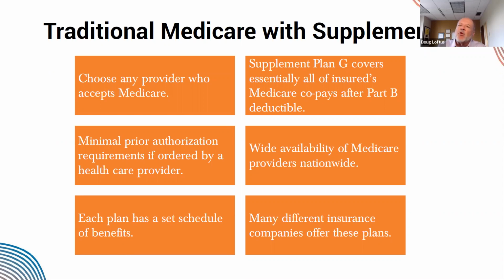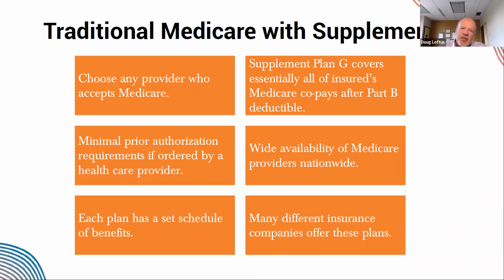For those of you that enrolled in a supplement in prior years, more than 2 years ago, you may have a Plan F, and Plan F is essentially identical to G. The only difference is if you were grandfathered into Plan F, which is no longer available to new enrollees, Plan F even covered the Part B deductible.